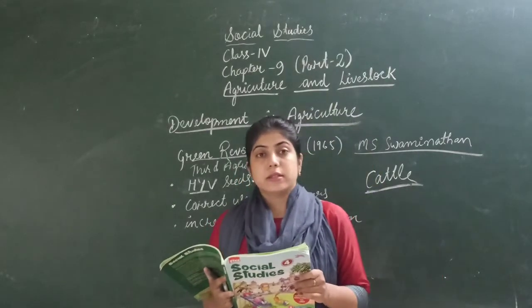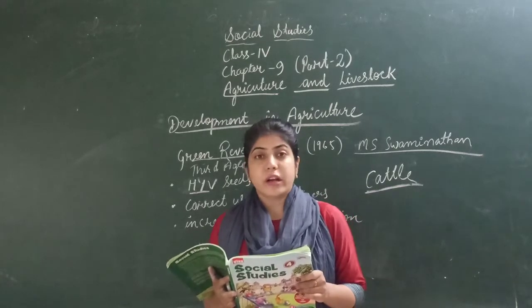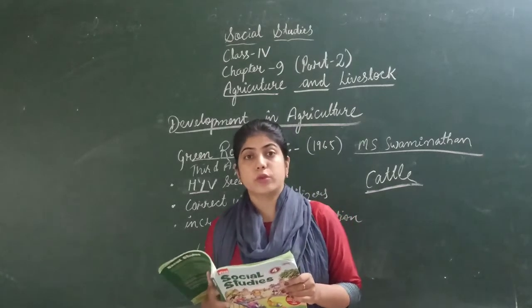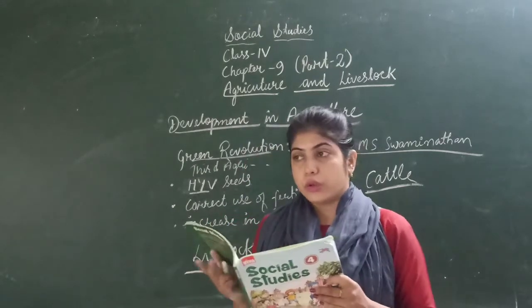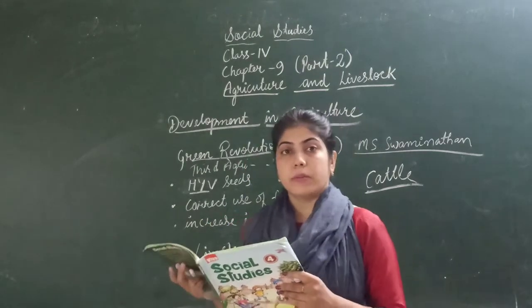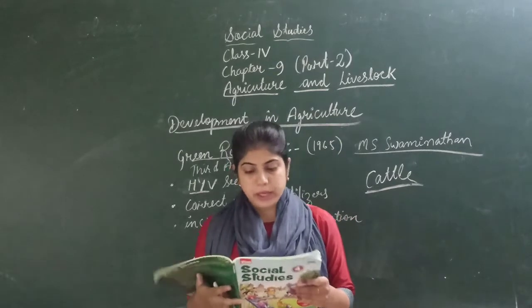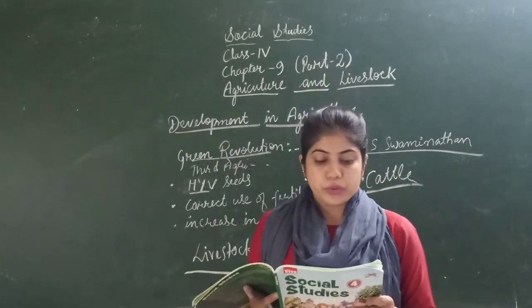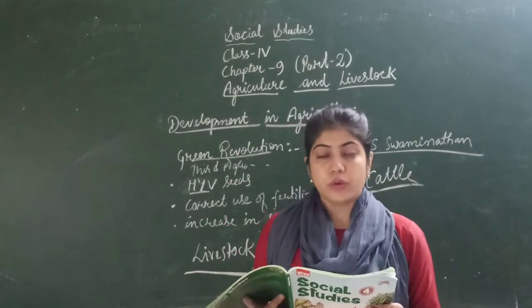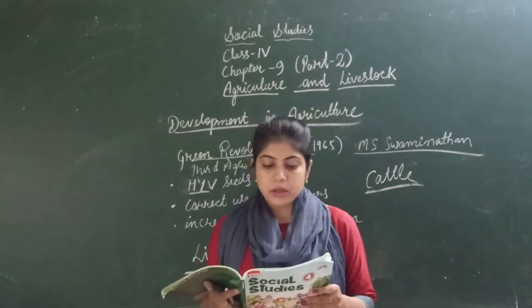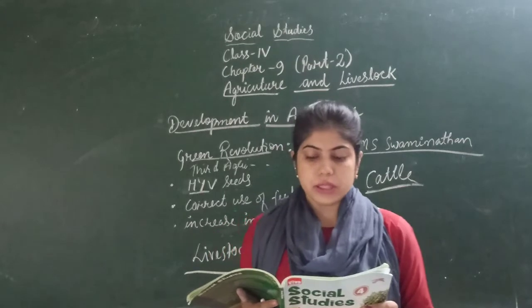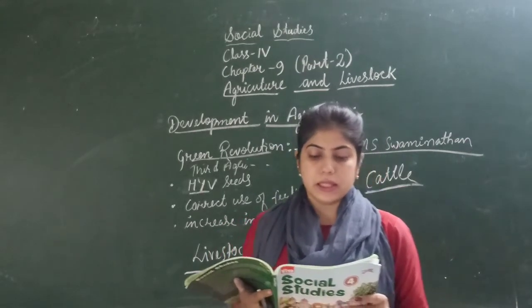Pull carts, that is बैलगाड़ी जिसे हम बुलक कार्ट कहते हैं, which is used for carrying goods, सामान ढोने और लोगों को एक स्थान से दूसरे स्थान पर पहुंचाने के काम में आता है. Sheep are used to provide us wool. So हमें wool कहाँ से मिलता है या ऊन कहाँ से मिलता है? शीप से. Camels are used to carry goods and people from place to place in the desert region.